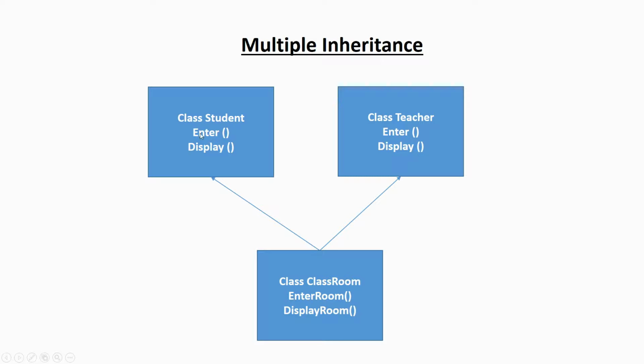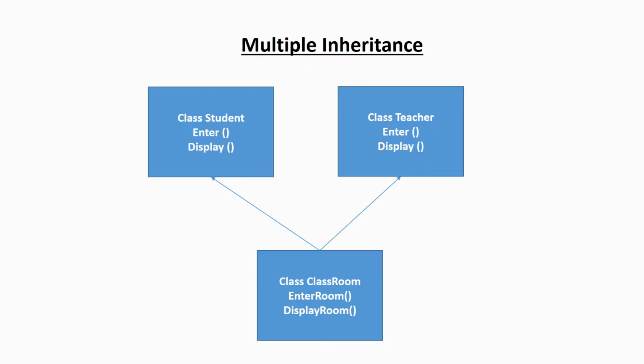Now just assume that enter is not there and exists only over here. The algorithm first checks whether there is a function with the name enter out here. If it doesn't find a function on the left hand side, then it moves to the right hand side, and if it finds the function there, it is going to evoke that function. Now this is the theoretical part.